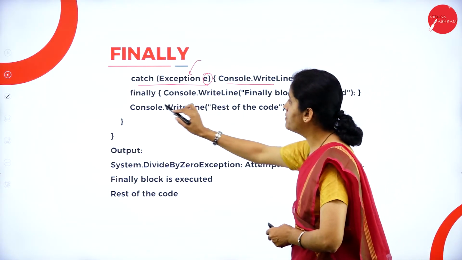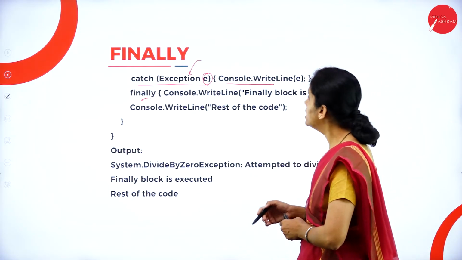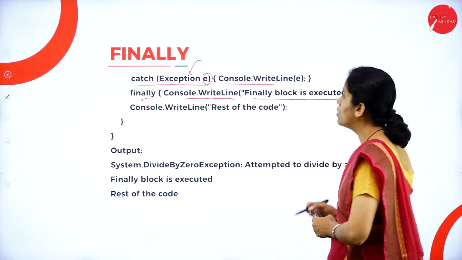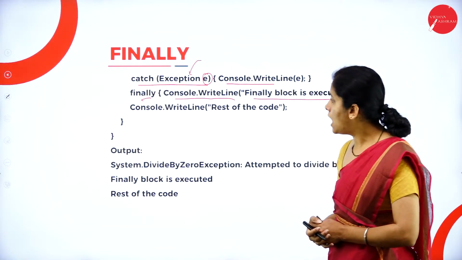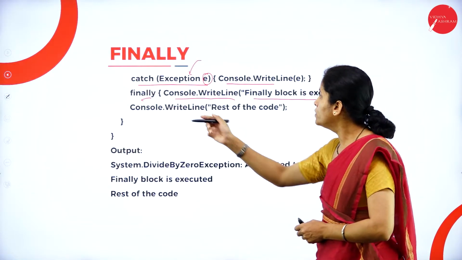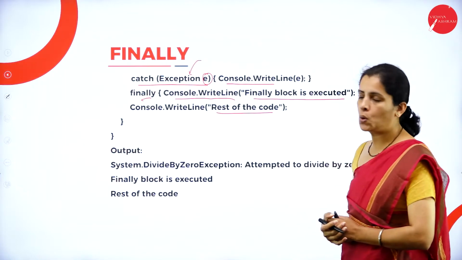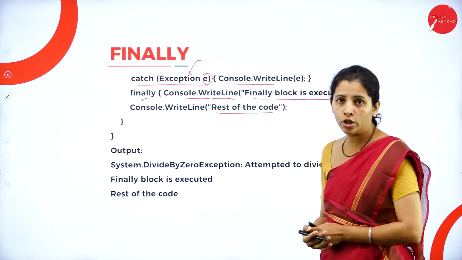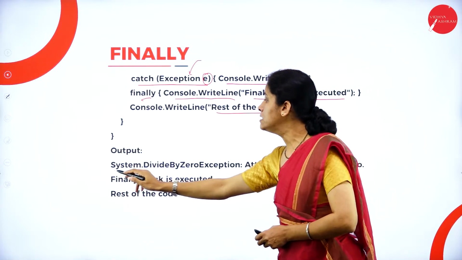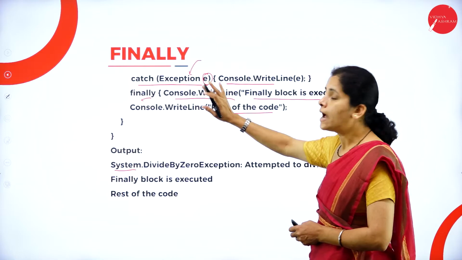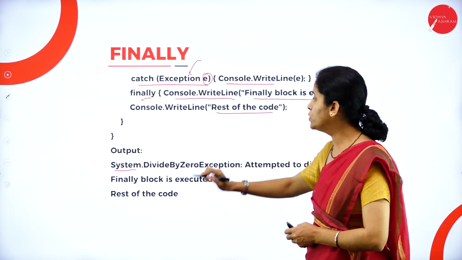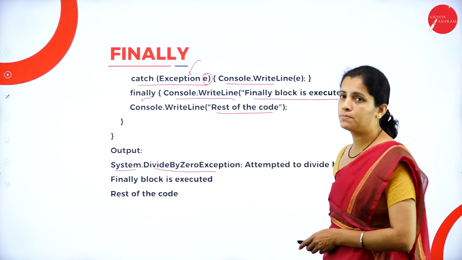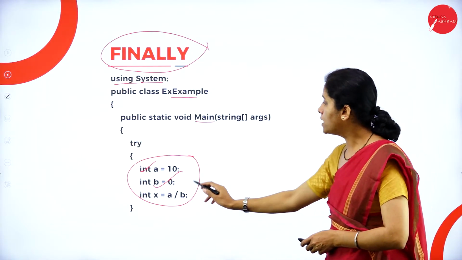Now I have the finally block. Inside that, Console.WriteLine, finally block is executed, and then I'm going to have the rest of the code. Now, when I compile this program, what output am I going to get? That is, this exception is handled properly. So, I'm going to get System.DivideByZeroException. See here, what is the exception?